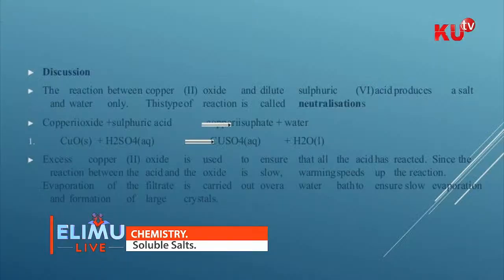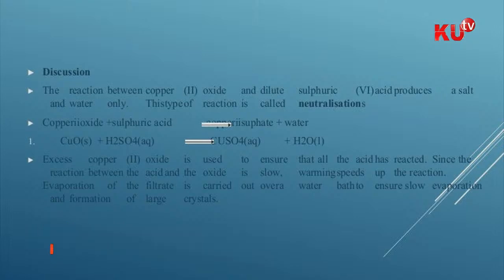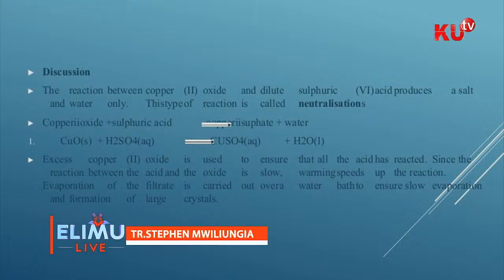Now the next discussion is the reaction between copper(II) oxide and dilute sulfuric acid. As you can see on the screen, copper(II) oxide reacts with sulfuric acid to produce copper(II) sulfate plus water.